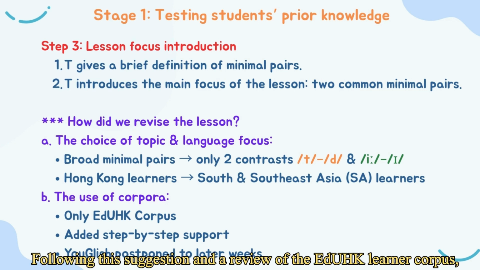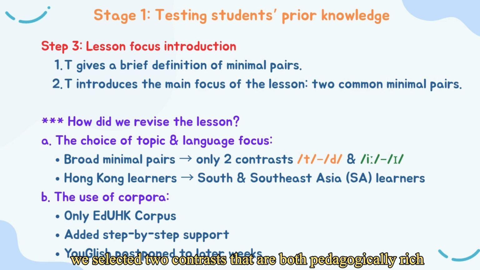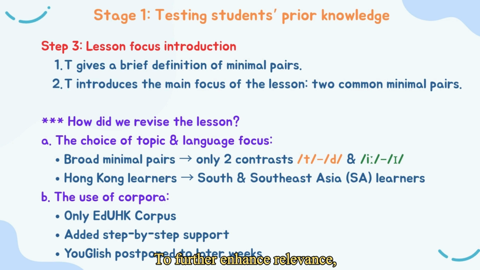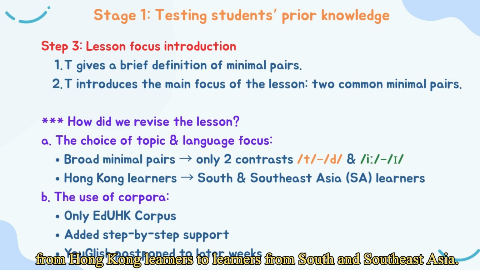Following these suggestions and a review of the EDUHK learner corpus, we selected 2 contrasts that are both pedagogically rich and particularly challenging for Vietnamese learners. To further enhance relevance, we also changed our corpus speaker group from Hong Kong learners to learners from South and Southeast Asia.